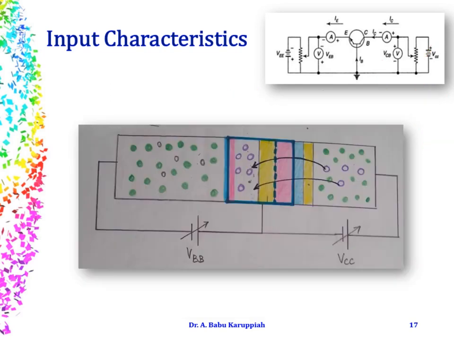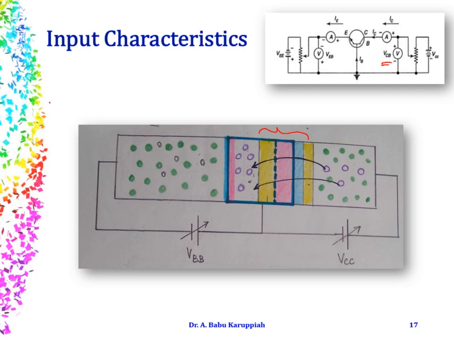Good. Now we have increased this collector base voltage, and what would happen? This is a reverse bias. When the reverse bias increases, the depletion region will widen, and though the depletion region widens, it is easy for the minority carriers to move across it. We have already understood the concept.